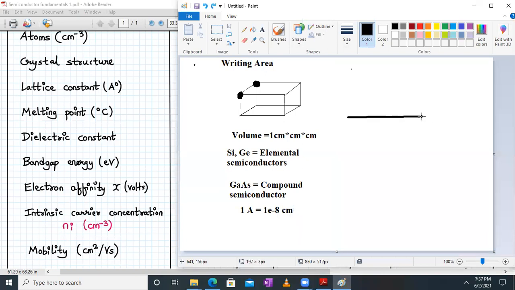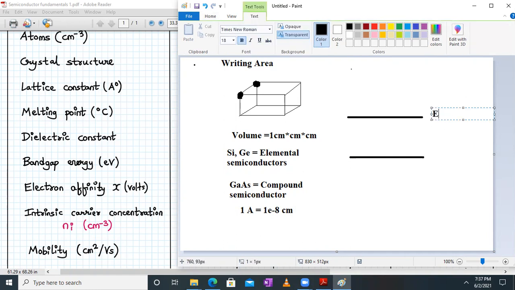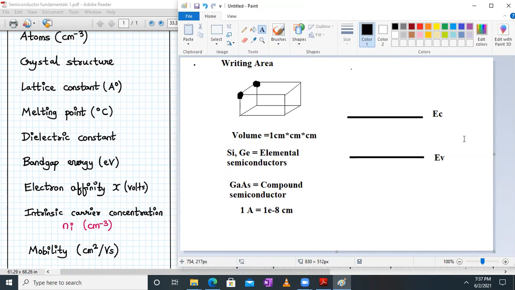The distance between the conduction band and the valence band is my energy band gap, Eg.